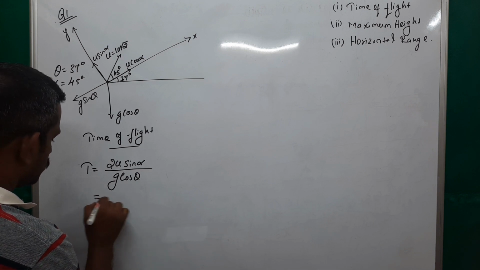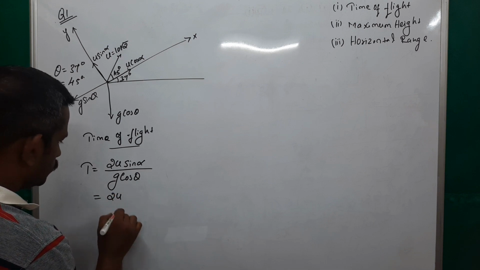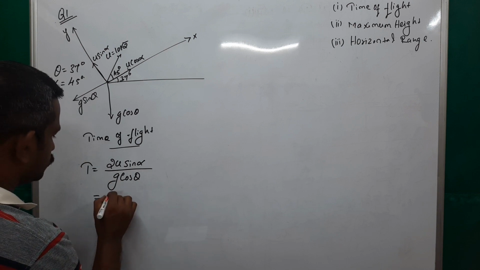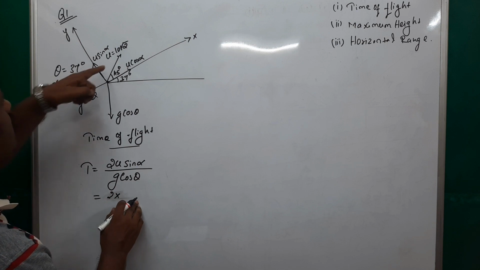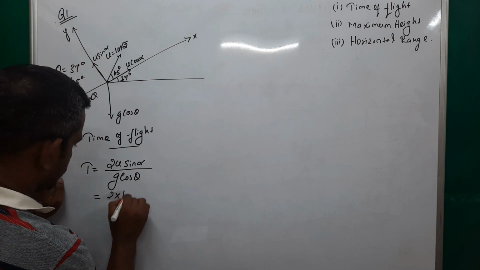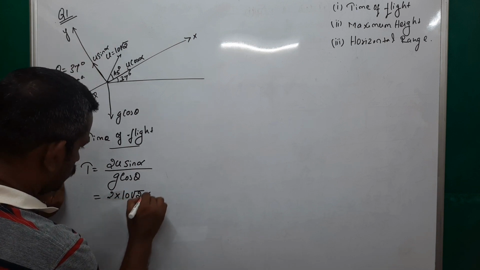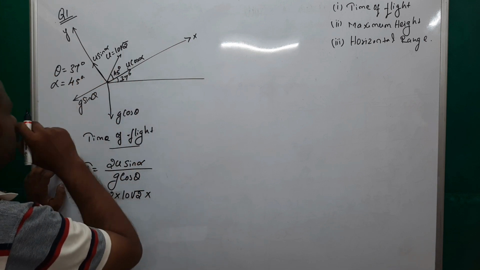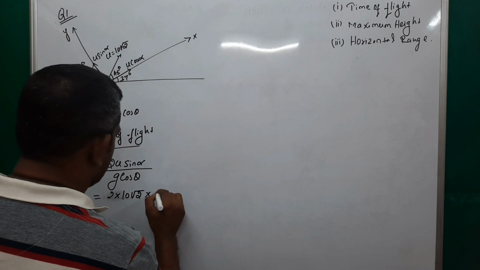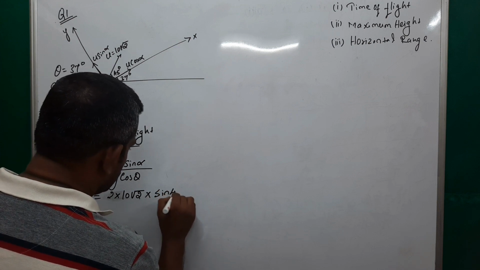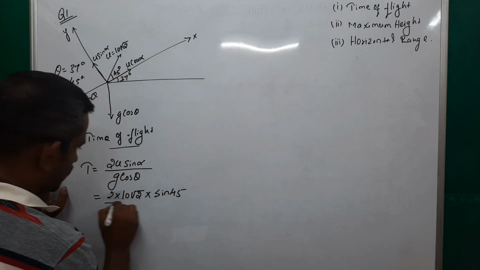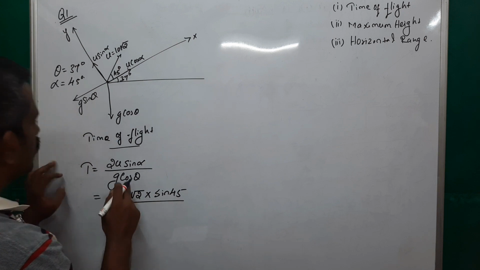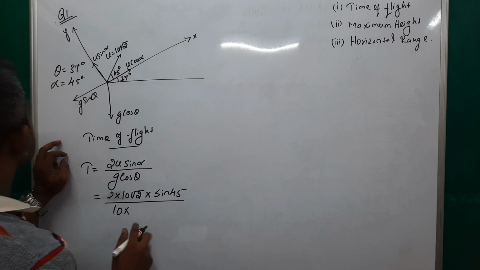So that's equal to 2u. We can substitute: 2 into u, the initial velocity, that is 10 root 2, into sin alpha, alpha is 45 degree, sin 45, divided by g, that is 10, into cos theta, cos 37.